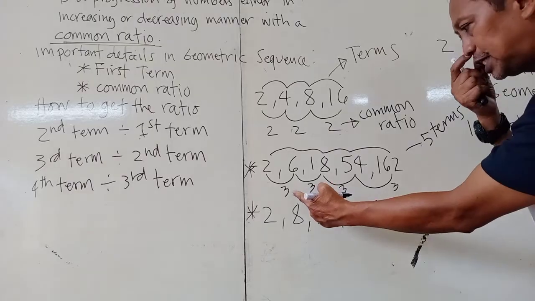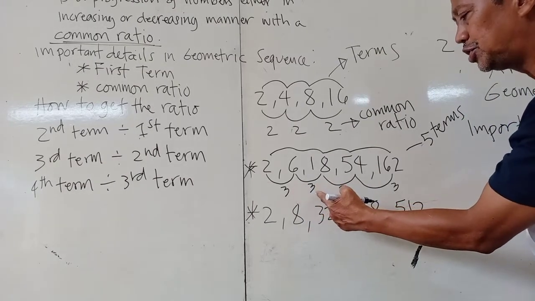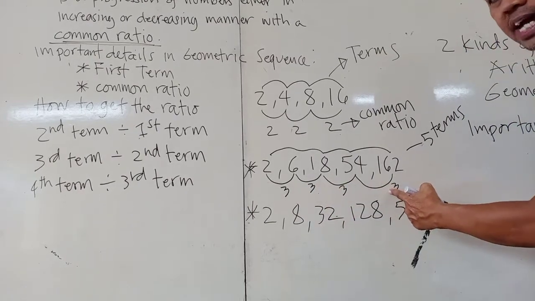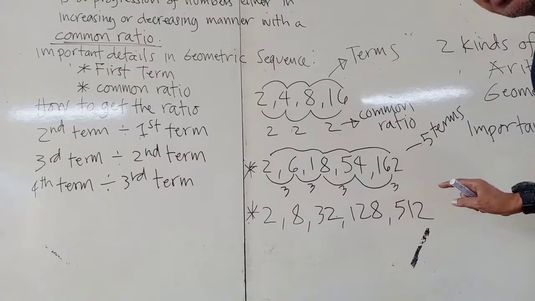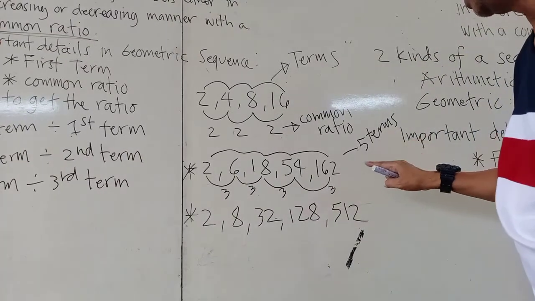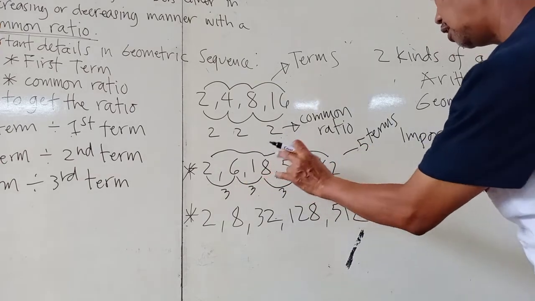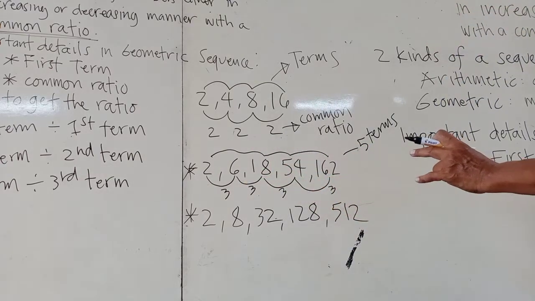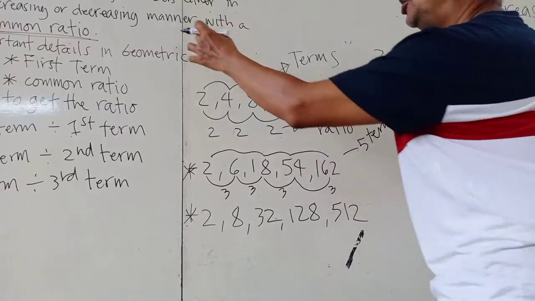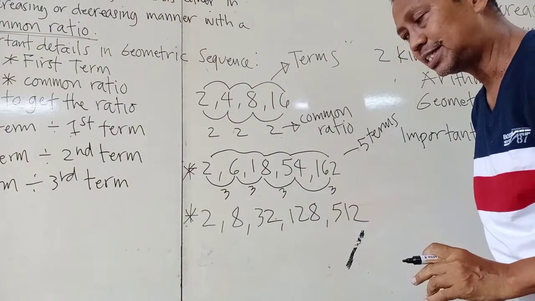Therefore, if you notice, there is a constant value, and that constant value is what you call the common ratio. So this kind of sequence is considered a geometric sequence.